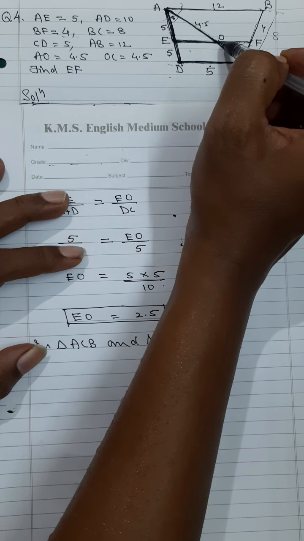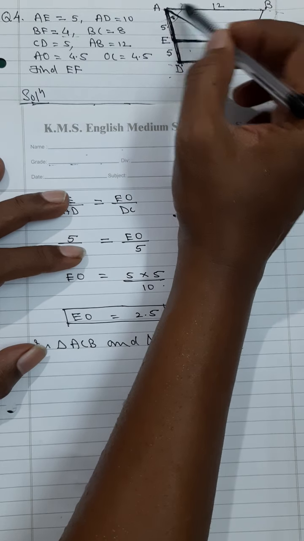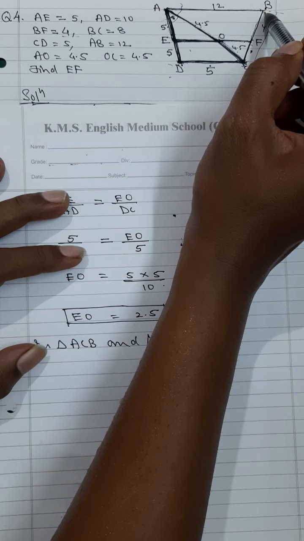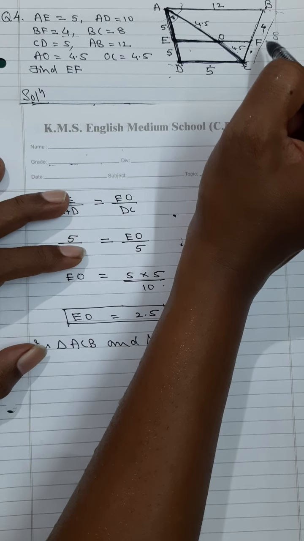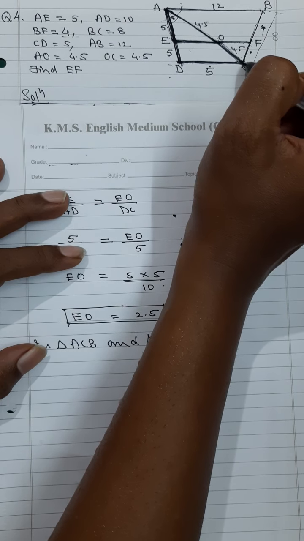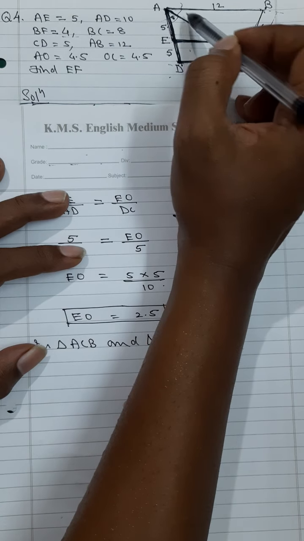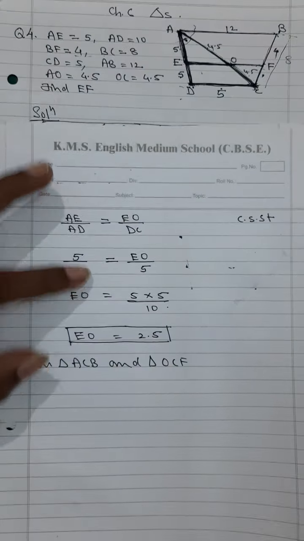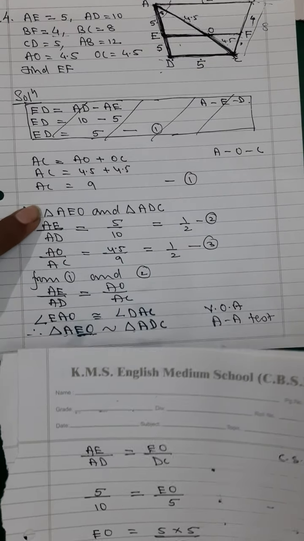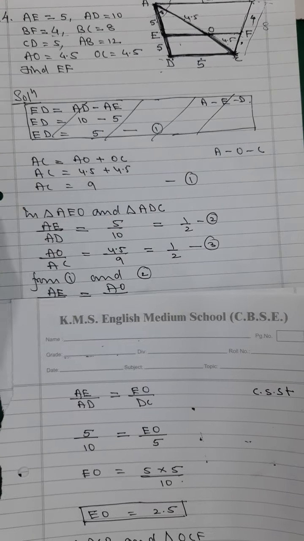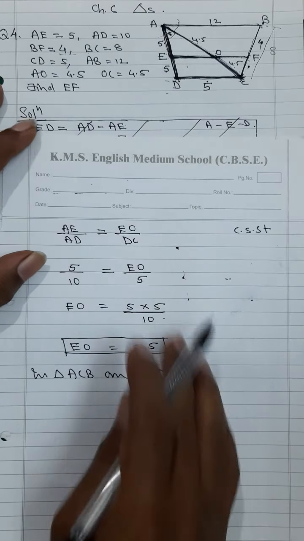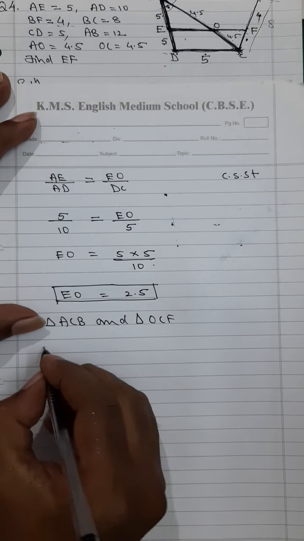I require CO upon CA, CF upon CB. Here they have purposely given a different combination. CO upon CA, here CA is not known, but AC I have found anyhow in the previous one, AC is equal to 9. But when it comes to CF and CB, CF is not known, so I will have to find CF.